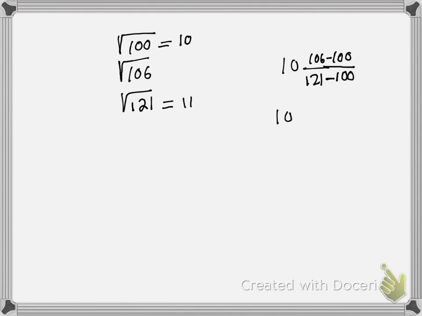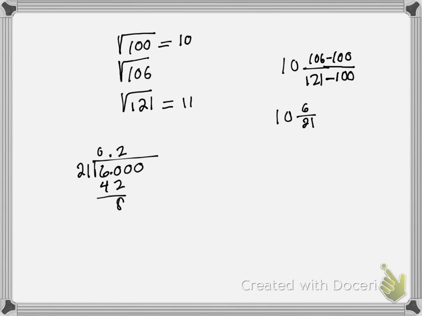Okay, and so we get 10 and this becomes 6 over 21. So I'm going to divide 21 into 6. It does not go 3 times, so I have to go 2. It's 42.